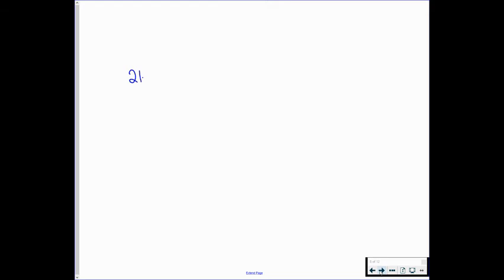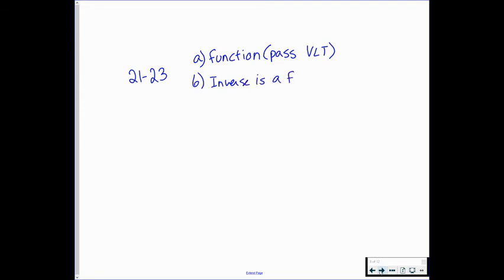On questions 21 through 23, our question states, for the following, sketch the graph of the equation, then determine if the equation is A, a function, meaning it passes the vertical line test. B is if the inverse is a function.